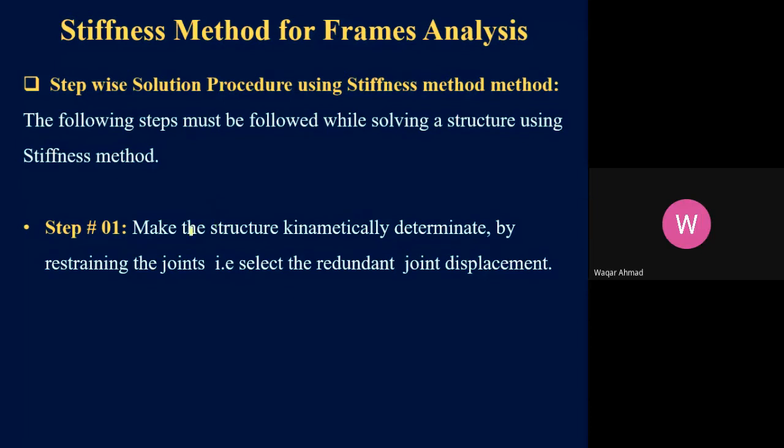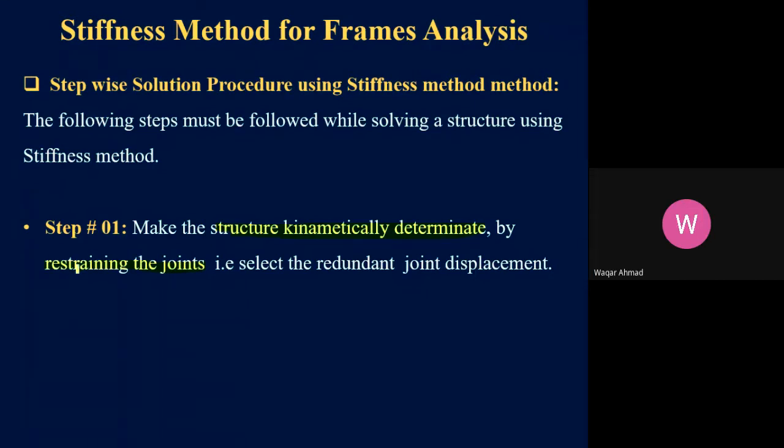The first step is to find out the kinematic indeterminacy of the frame structure, and then to make the structure kinematically determinate. How can we make it determinate? We can make it determinate by restraining the joints against those displacements.